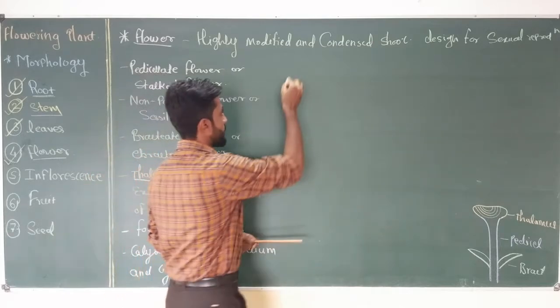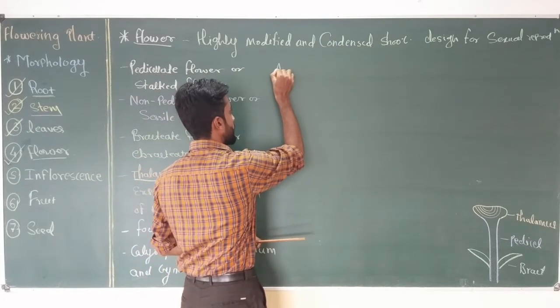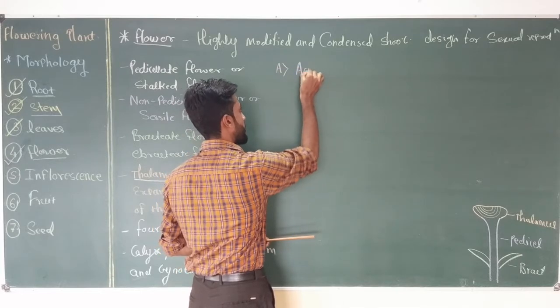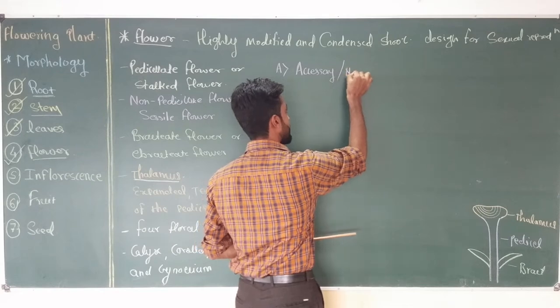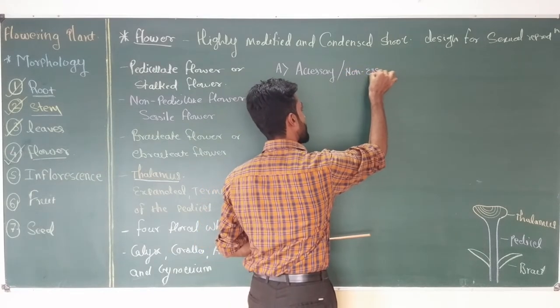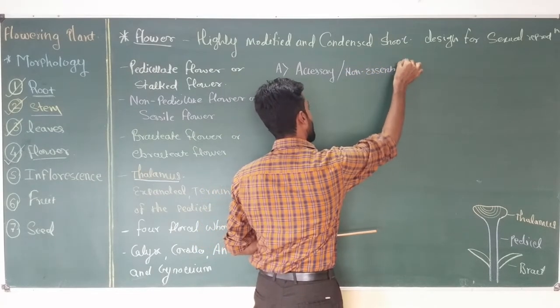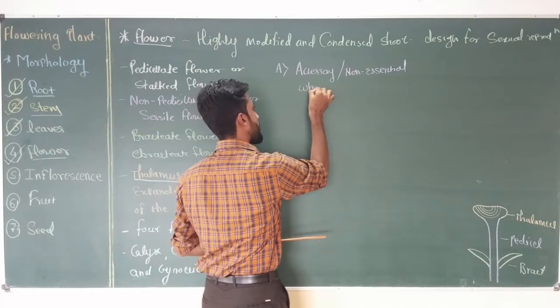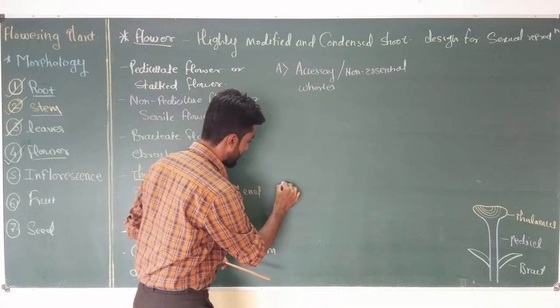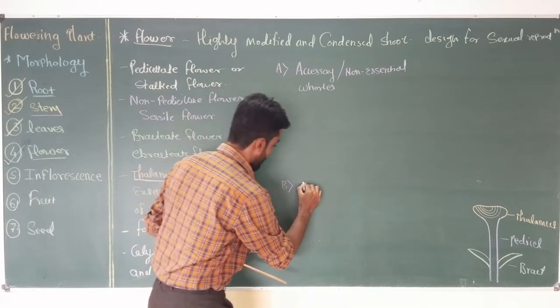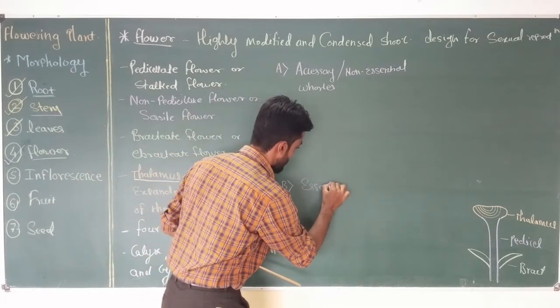The first group of floral whorls is called accessory or non-essential whorls, while the next group is essential whorls.